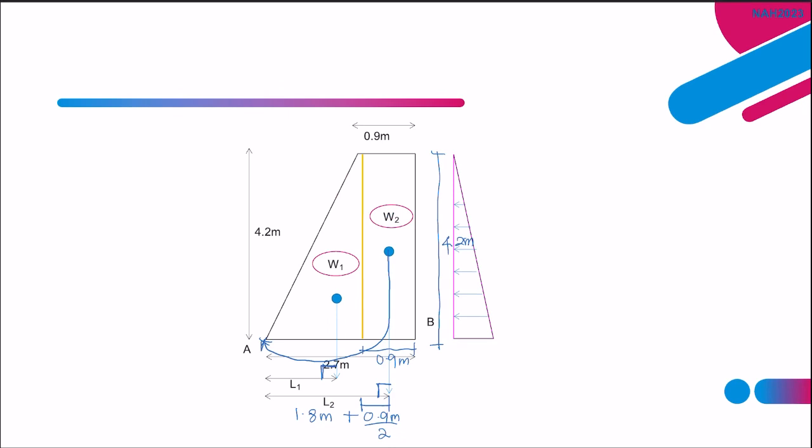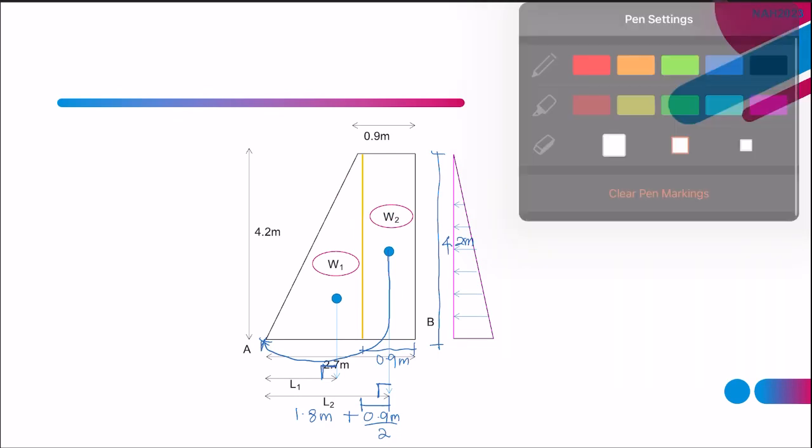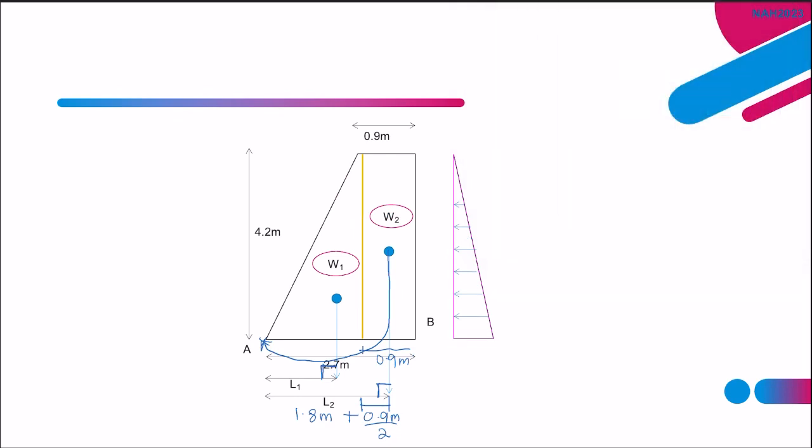So for water, the pressure distribution is going to increase uniformly like this, meaning it will become a triangle for water.